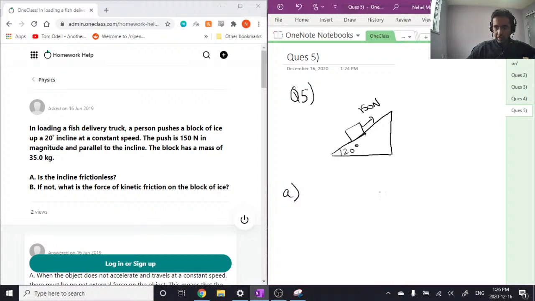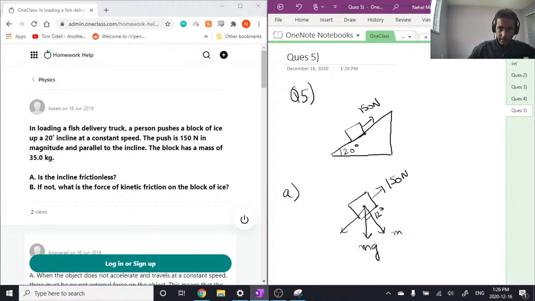let's go ahead and draw the free body diagram of this block of ice. So it would look something like this. We have a force of 150 newtons. We have the weight of the box acting downwards, mg. We can resolve this into two components, this and this, where this angle is 12 degrees.